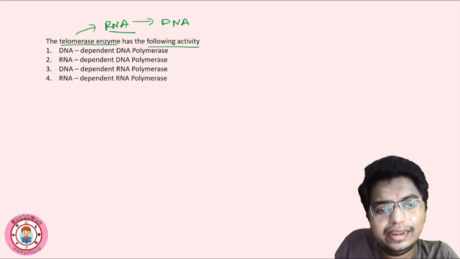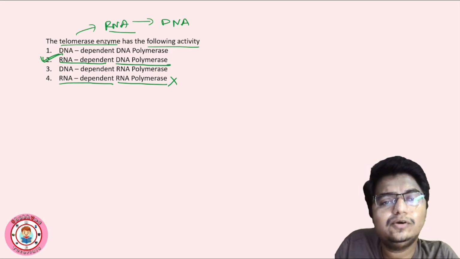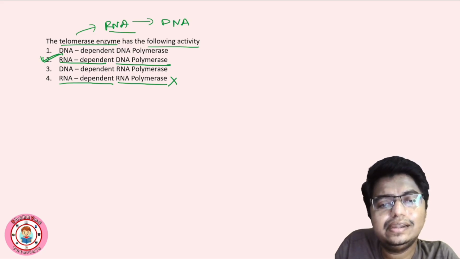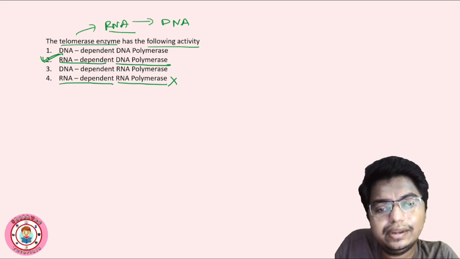RNA dependent, right? RNA dependent. Two options are there. RNA polymerase? No. DNA polymerase? Yes. Okay, because DNA replication is happening, DNA polymerization will be done with the help of RNA. So RNA dependent DNA polymerase. Not DNA dependent, right?